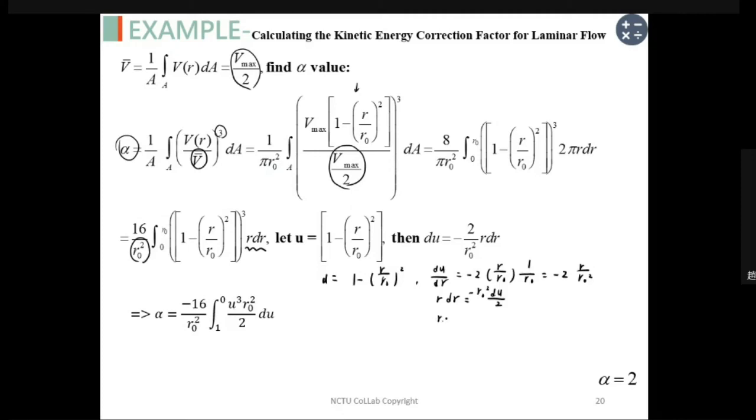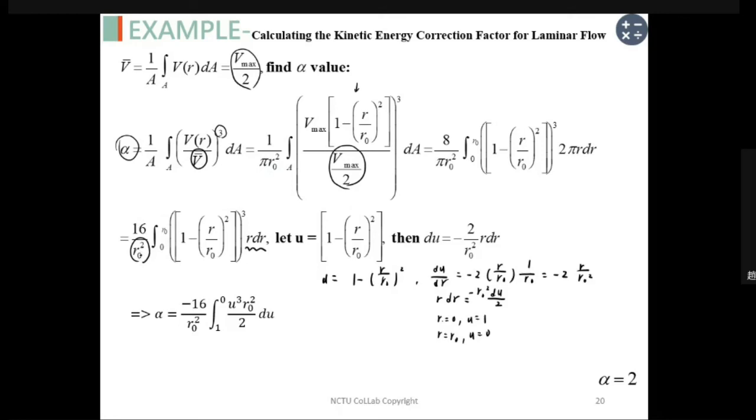First, the integration interval starts from 0 to r0. Since we change the variable to u, when r is equal to 0, u is equal to 1, and if r is equal to r0, then u is equal to 0.